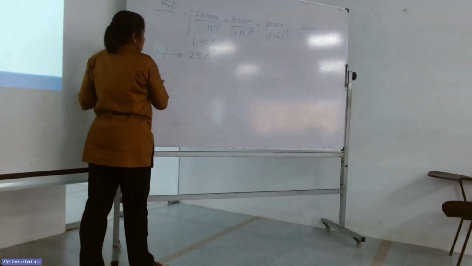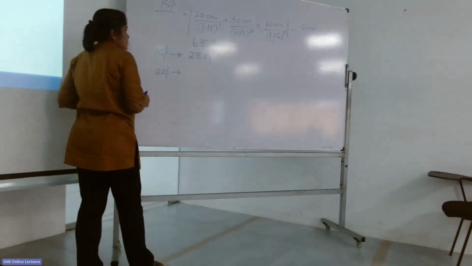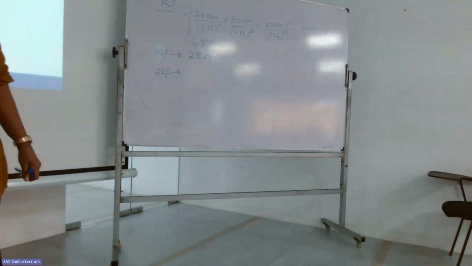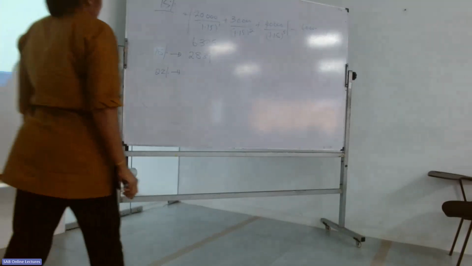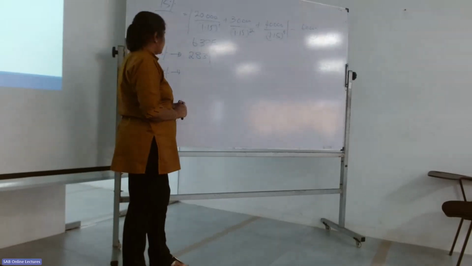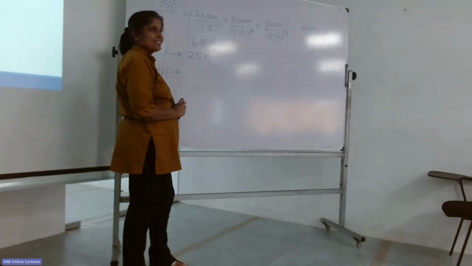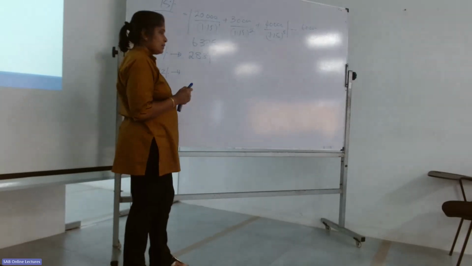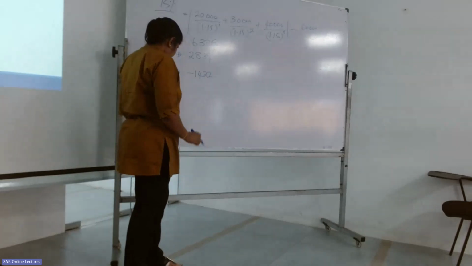Then again it is still positive, so try another rate, 22%. Negative, minus 1,422. Right. So the range is okay now.